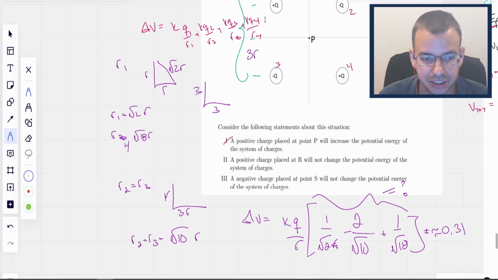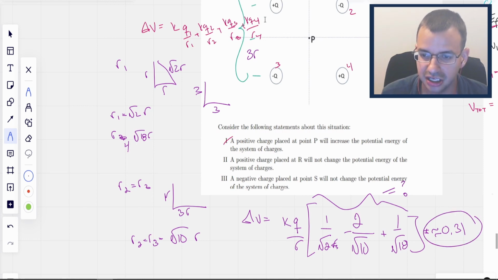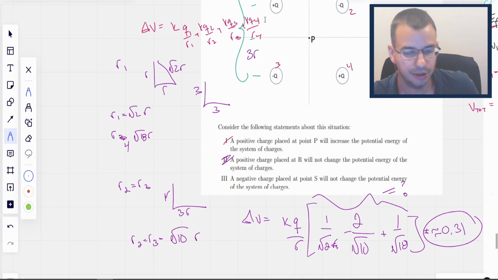So a positive charge placed will not change the potential energy is false. Since this is non-zero, there is a delta V, a difference in potential, so it will change the potential energy.